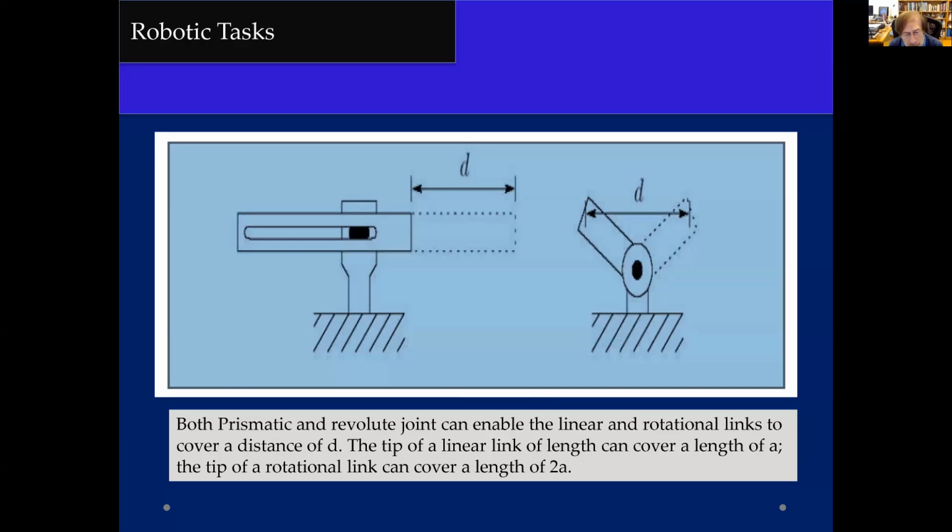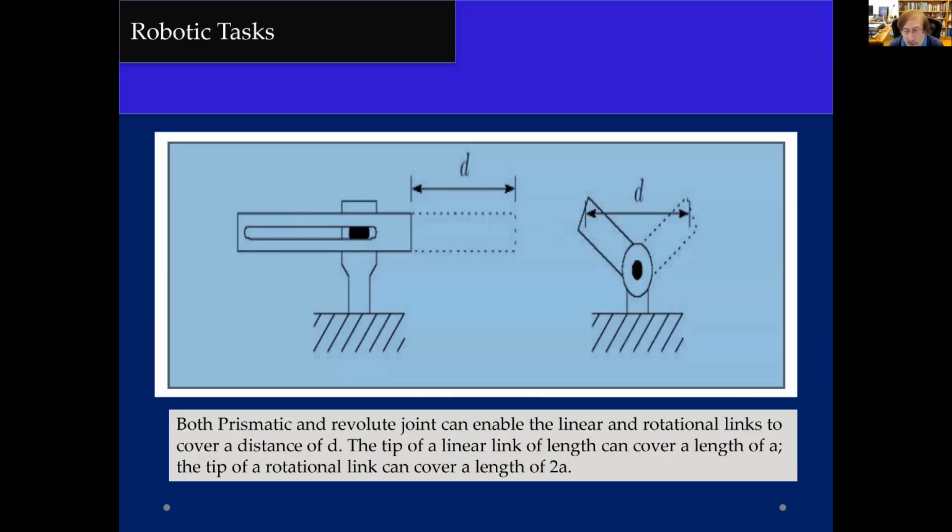Now if our configuration space is going to involve just moving linearly from one point to another, a prismatic joint actually enables us to move like this simply. But can we do it also with revolute joints?